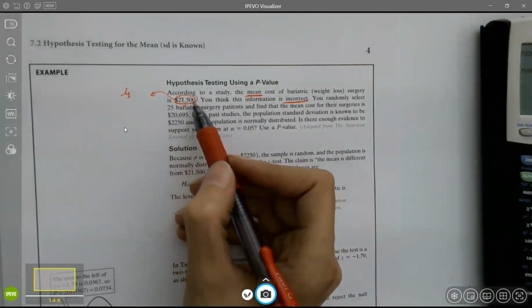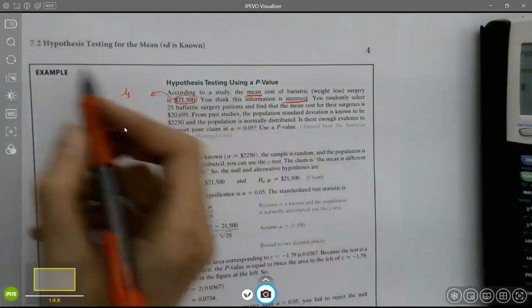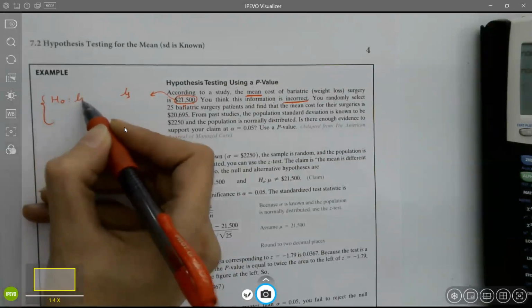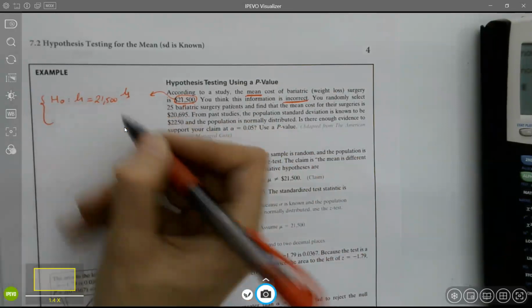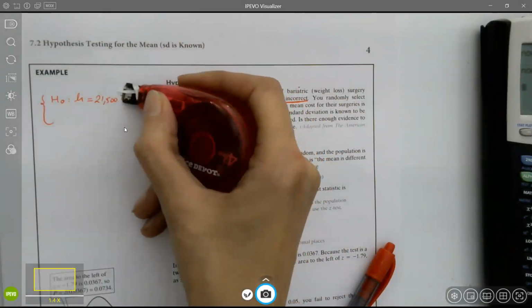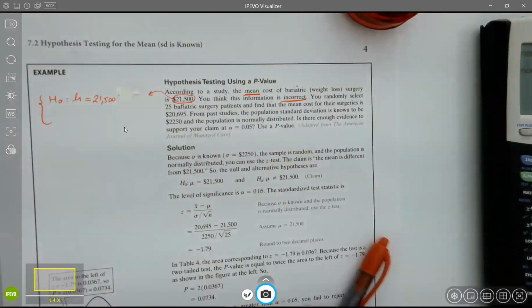Null hypothesis. Remember that was one of the keywords. So the null hypothesis says mu is equal to 21,500. So let me write this a little bit to the other side, to avoid any confusion.